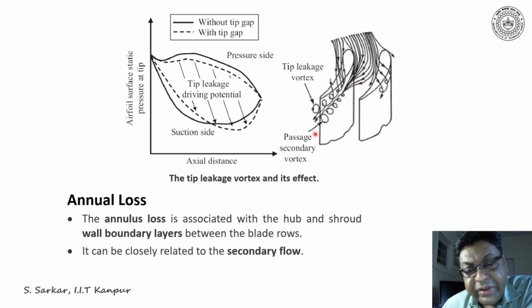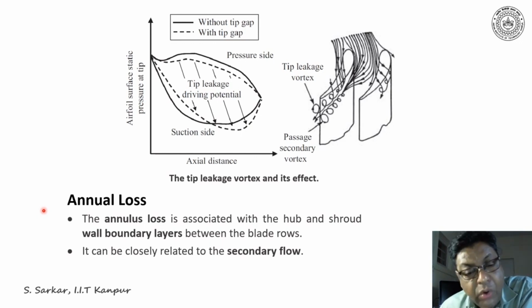A chain of vortices has been illustrated here, and because of this tip leakage vortex, the pressure distribution on both the suction and pressure side has been affected. And look here towards the second half of the suction surface, the adverse pressure gradient is much steeper with tip leakage vortex.